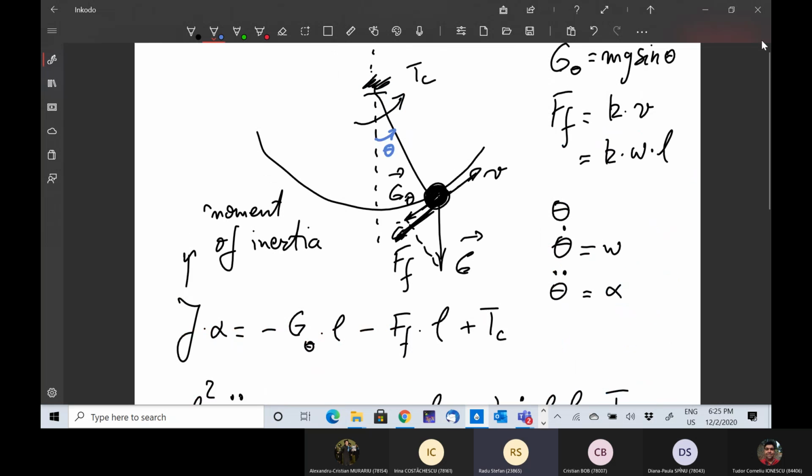So where is the point in which I place the beam and the mass, the ball, and the system remains there? It doesn't move. I don't have any torque, the torque is 0. We get rid of this. So which is the point which corresponds to angle 0 and to speed 0, from the physical point of view?